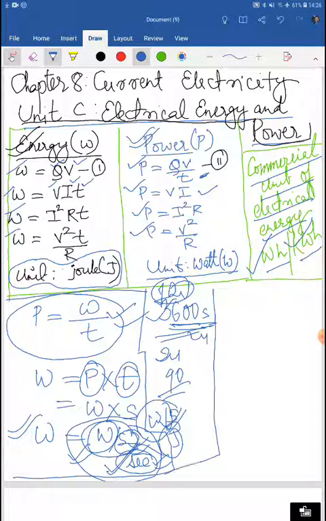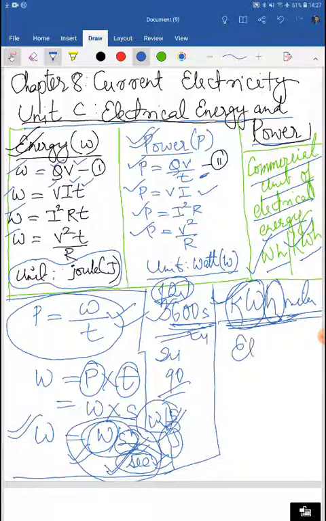So that is why if you see the meter, it is written on your meter also, kWh meter. It will be written on the electrical meter that you have at your home. So it measures kilowatt, bigger unit of power, and hour, bigger unit of time. So kilowatt hour is a unit to measure electrical energy.